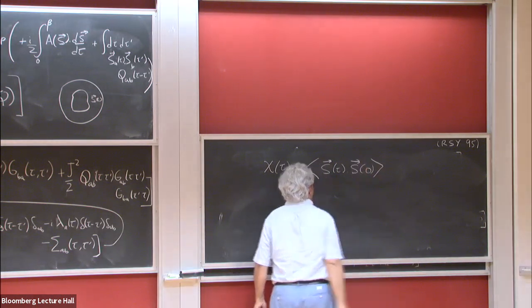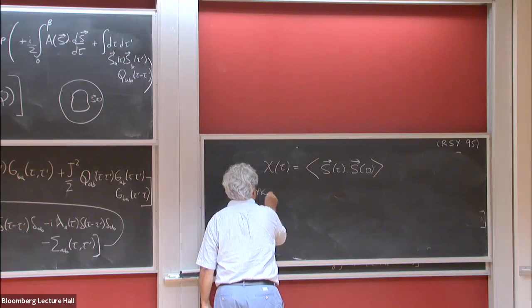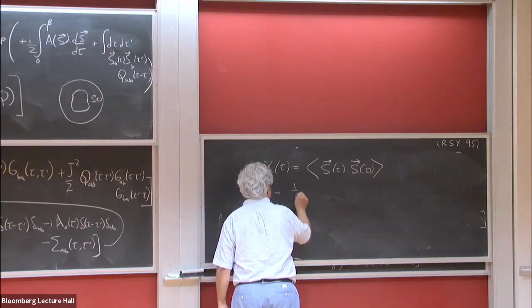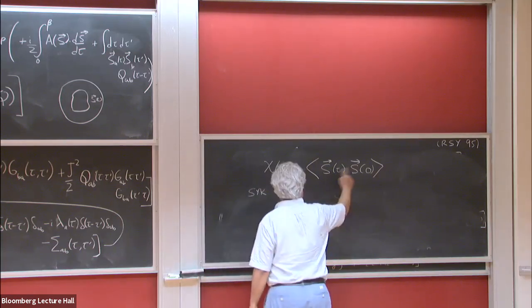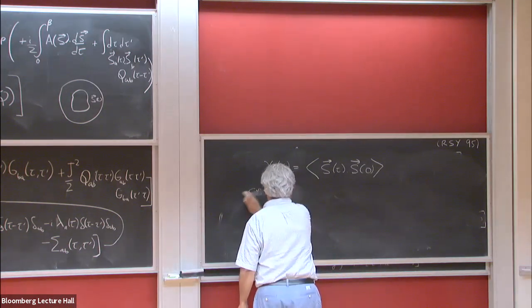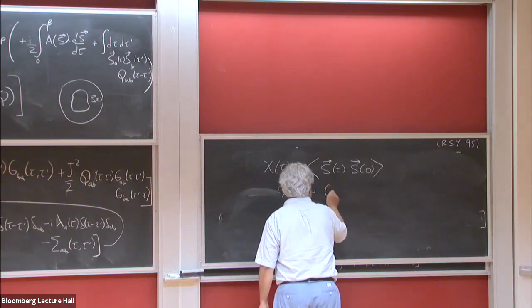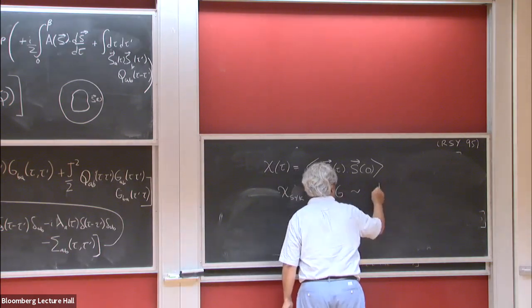Okay. So in the SYK solution, this goes as 1 over tau because it's the product of two G's, and G goes as 1 over square root of tau. So chi SYK is GG, 1 over tau.